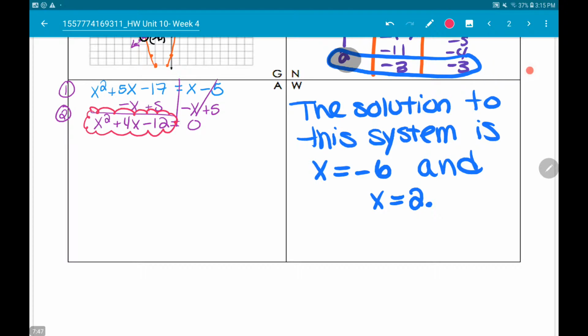Now I'm just going to do factoring because I think it's a little quicker and I want to recap factoring. So my product sum is negative 12 x squared and 4x. The factors that multiply to negative 12 and get me 4 would be 6 and negative 2, these ones.